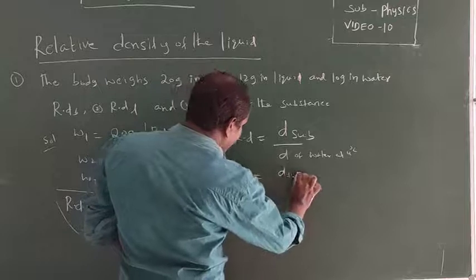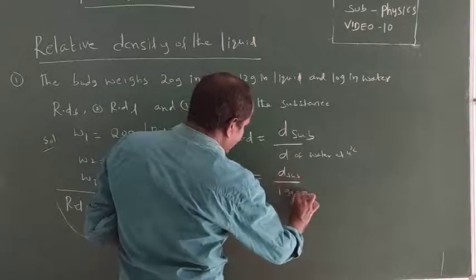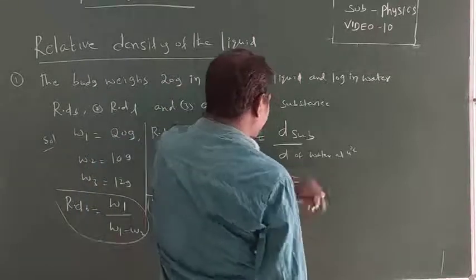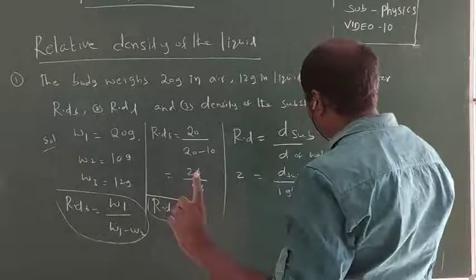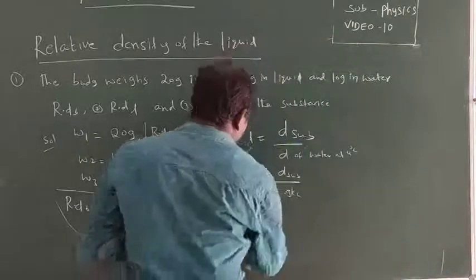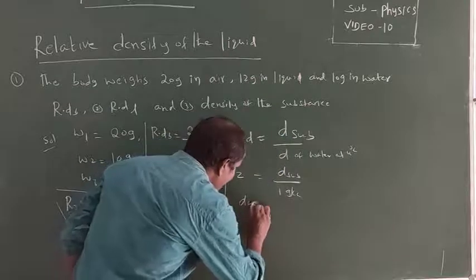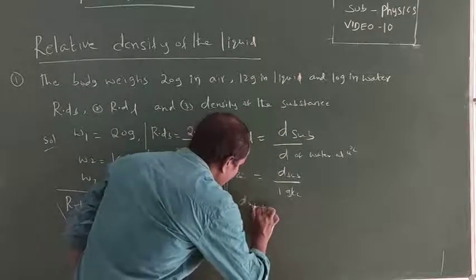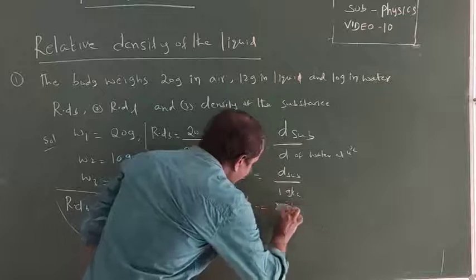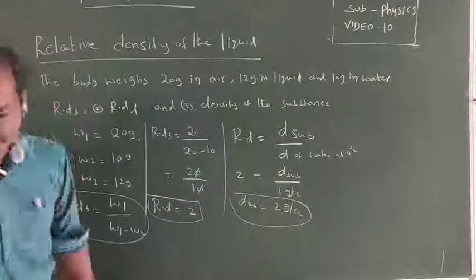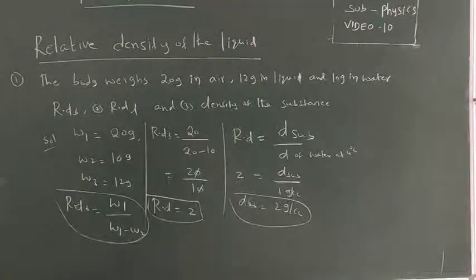At 4 degrees Celsius, density of the water equal to how much here? 1 gram per cc in the CGS system. Therefore, density of the substance equal to 2 gram per cc. Listen once again.